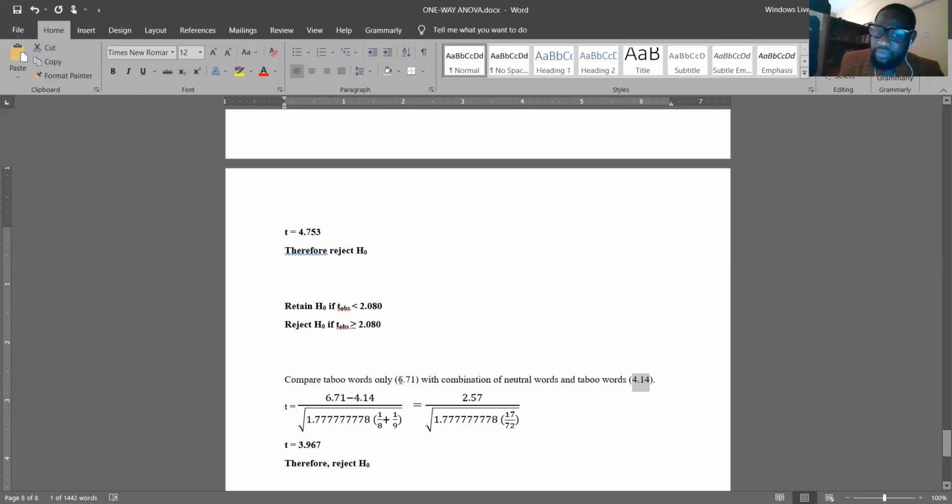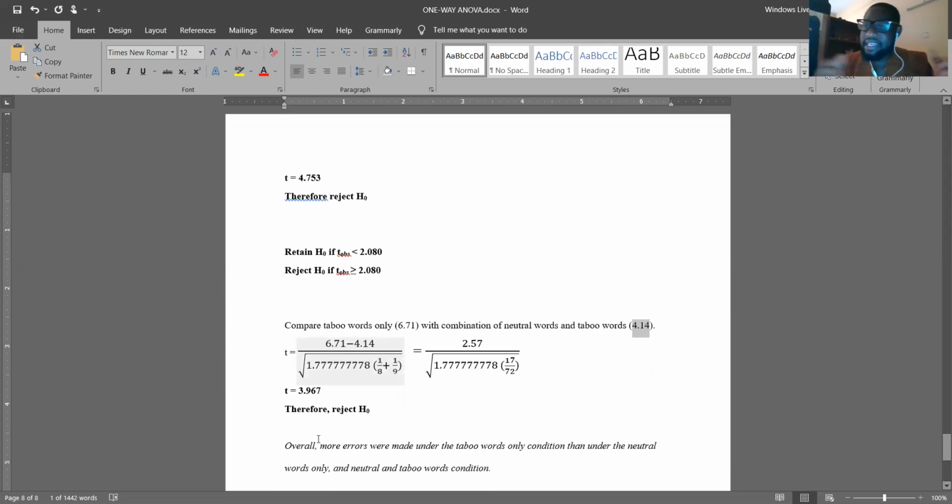And when you check, the mean value for taboo words only is greater than participants in both conditions. So that should tell you that participants in taboo words only committed more errors than participants who happen to be in neutral words and taboo words. So it implies that group 2 committed more errors than group 3.